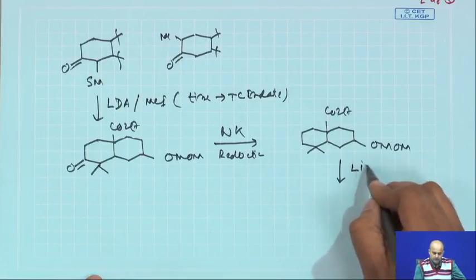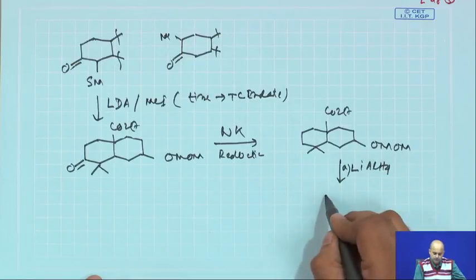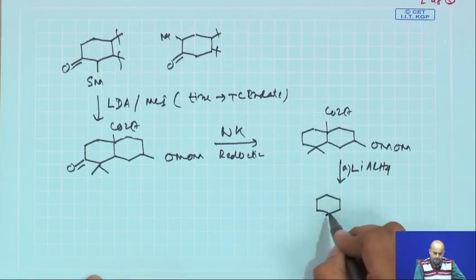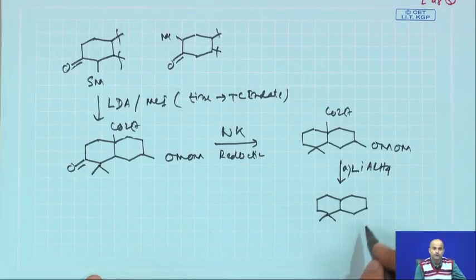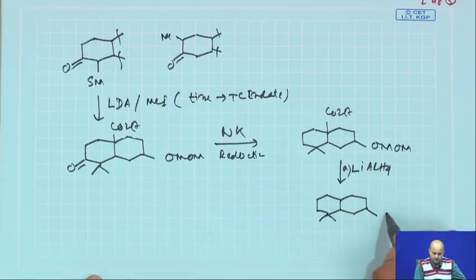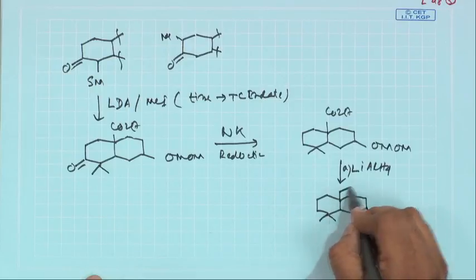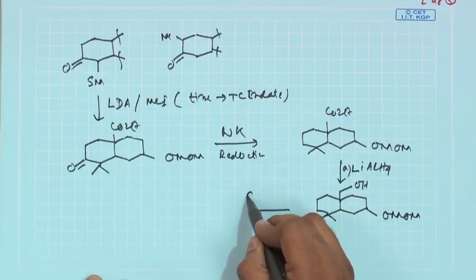So, do a lithium aluminum hydride reduction first. So, the initial desymmetrization is basically when you do the protection, the remaining steps are all simple FGI. Now, you are getting a CH2OH here. This is very simple.